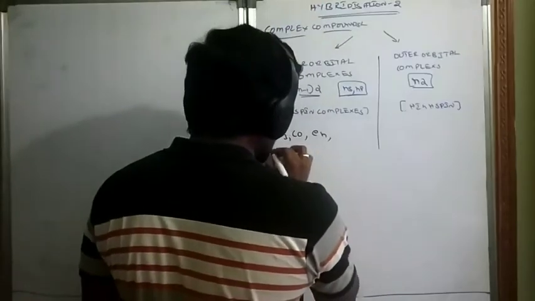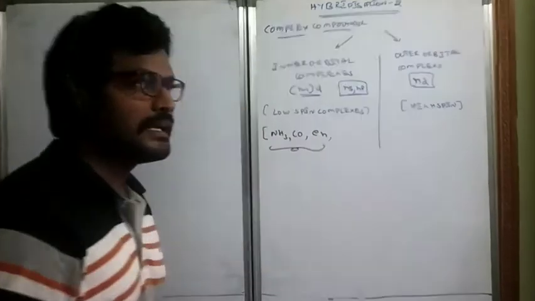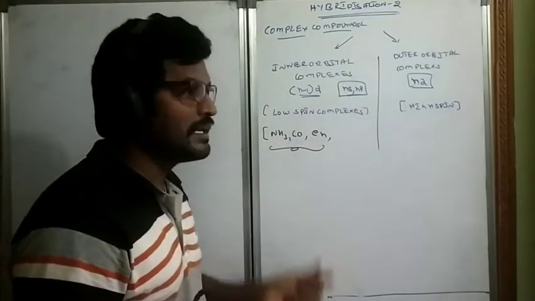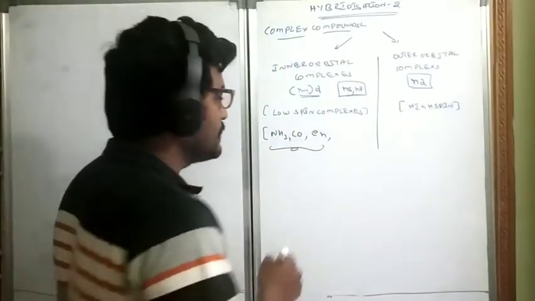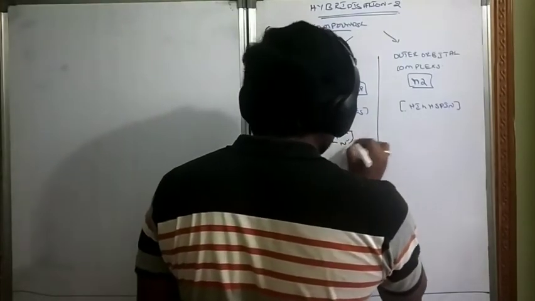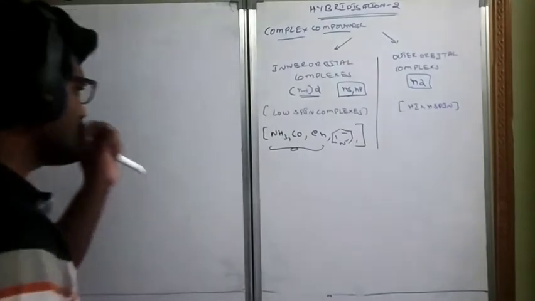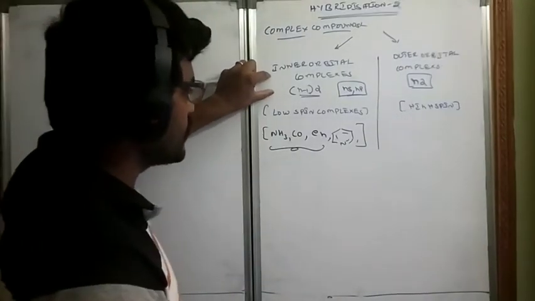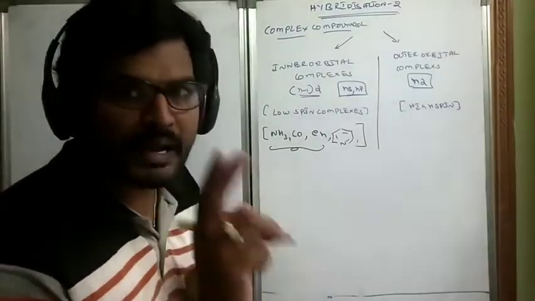These are known as the strong field ligands. Whenever the ligands are ammonia, carbon monoxide, ethylene diamine and pyridine, whenever these are present as ligands, then we will be getting the inner orbital complexes, and it is not mandatory.